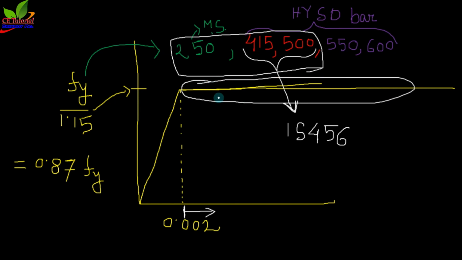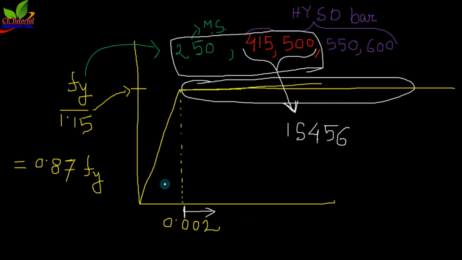Suppose you are designing a structural element where the strain is less than 0.002, suppose it is 0.0018, so it is not acceptable. It should be 0.002 or greater than 0.002.